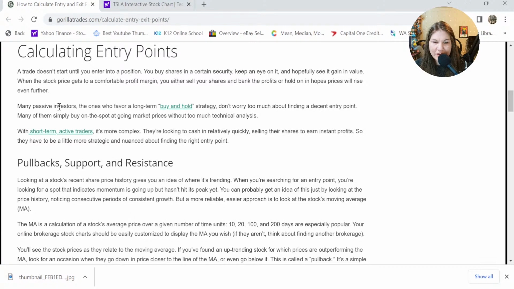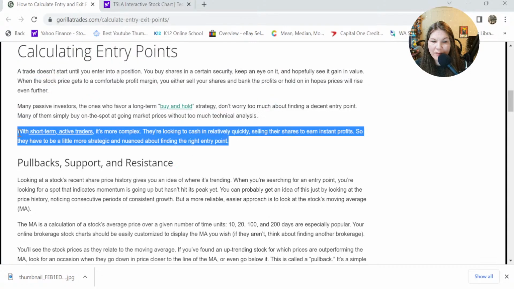Many passive investors, the ones who favor a long-term buy and hold strategy, don't worry too much about finding a decent entry point. Many of them simply buy on the spot at going market prices without too much technical analysis. With short-term active traders, it's more complex. They're looking to cash in relatively quickly, selling their shares to earn instant profits, so they have to be a little more strategic and nuanced about finding the right entry point.